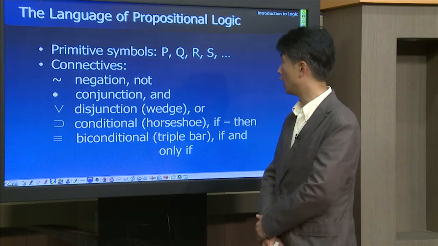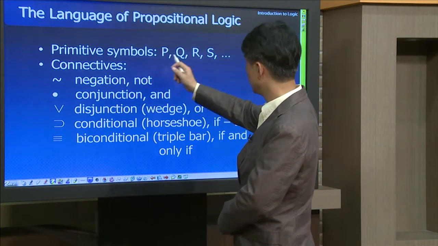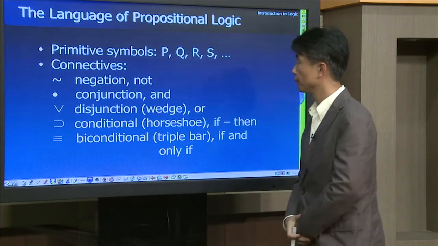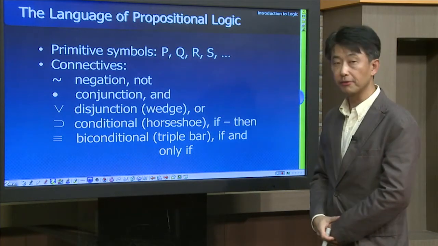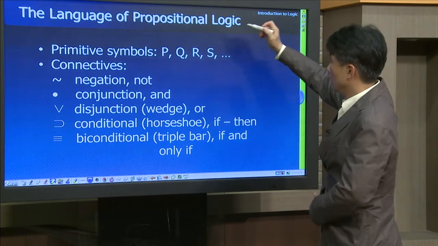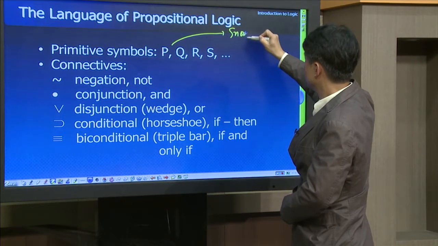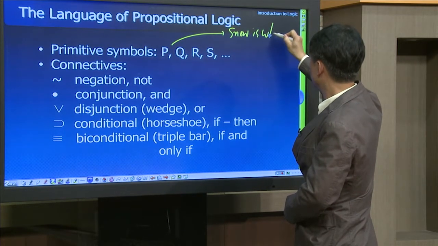For example, different letters symbolize different simple statements, such as P may symbolize snow is white.